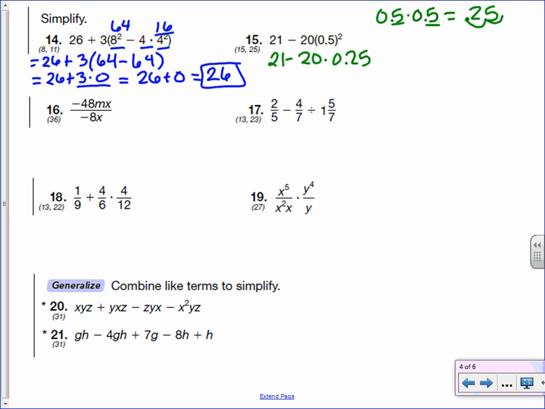And I know that 0.25 is 1/4, so I could actually rewrite that just to help my mental math here. And when I multiply by 1/4, what I'm actually doing is dividing by 4. 20 divided by 4 is 5. And then 21 minus 5 is 16.